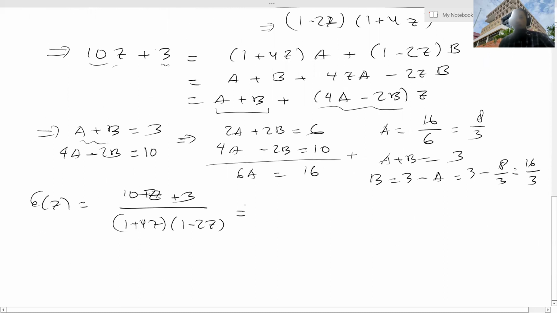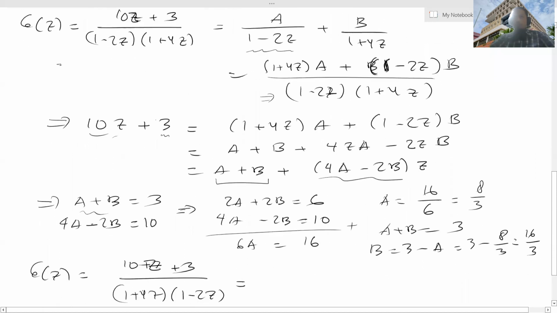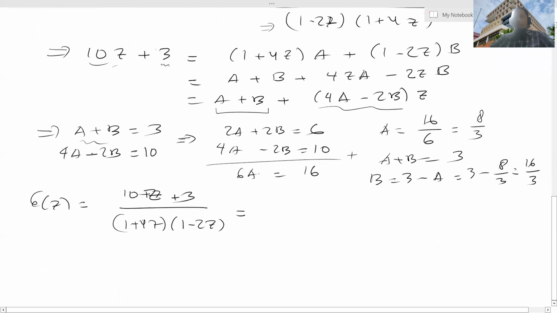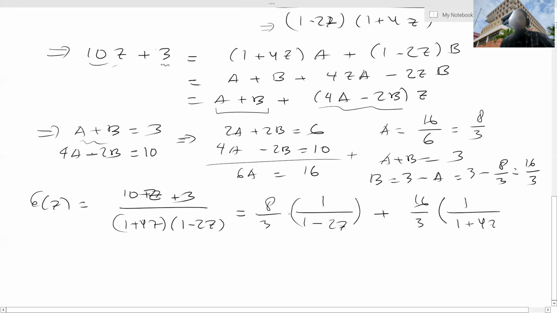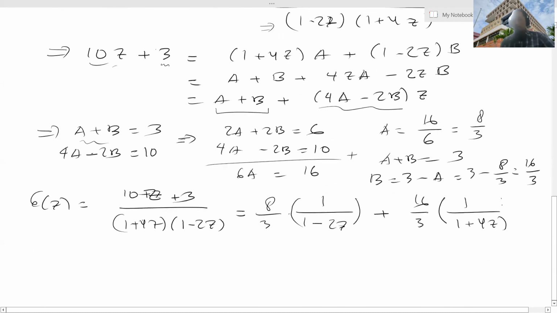The A is 8 over 3 times 1 over (1 - 2z), plus, what is B? B is 16 over 3 times 1 over (1 + 4z). So let me put it here.